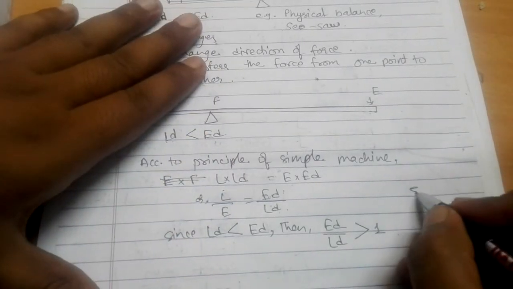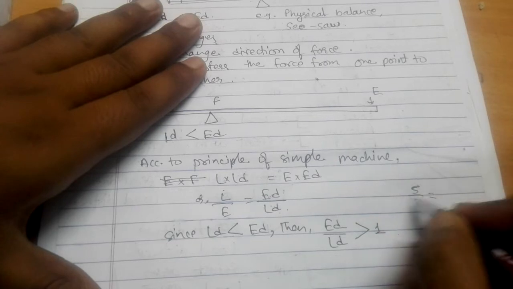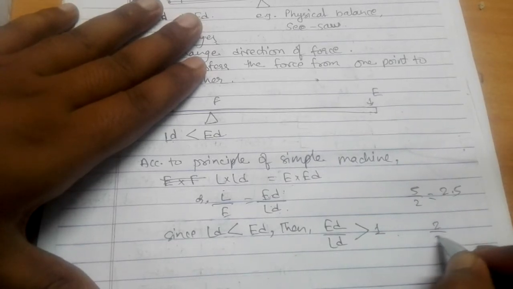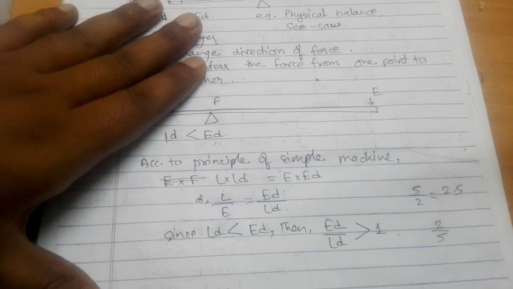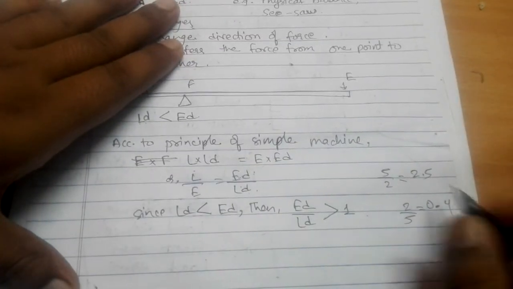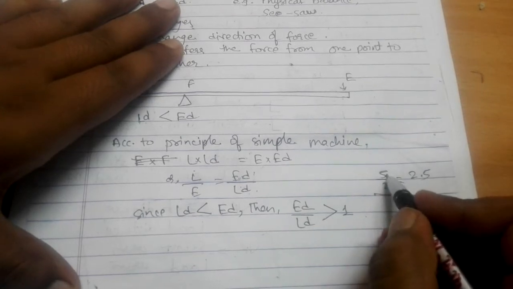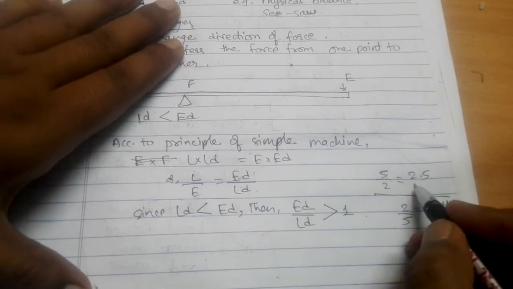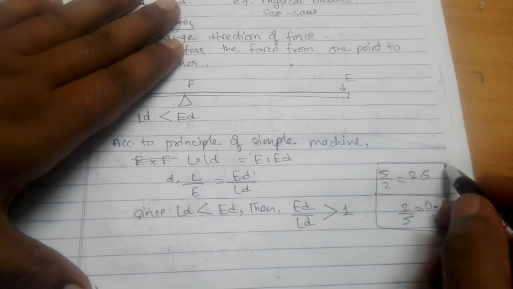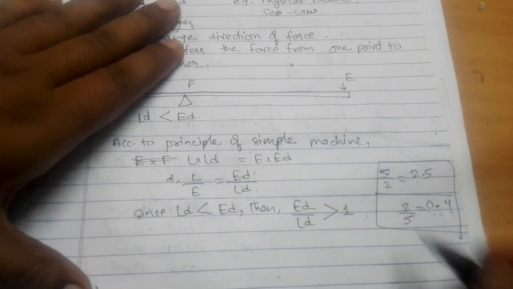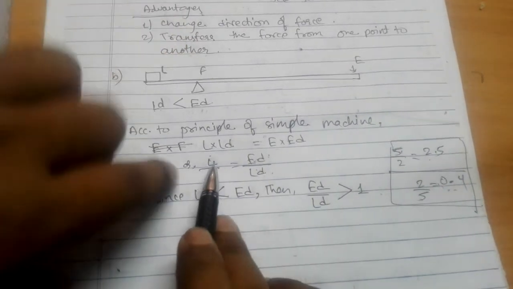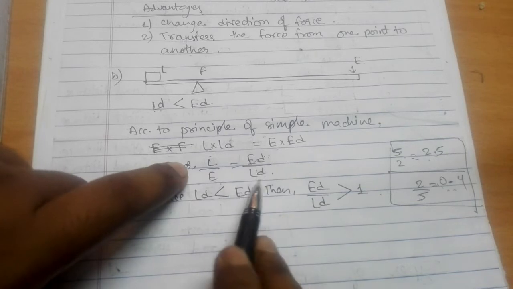For example, 5 by 2, numerator is larger, gives 2.5. Or 2 by 5, numerator is smaller, gives 0.4. If the denominator is greater, the value is smaller than 1. And if numerator and denominator are equal, the value is always 1.